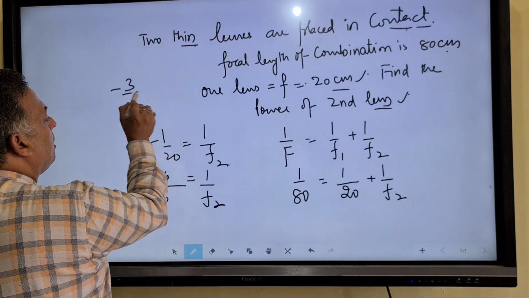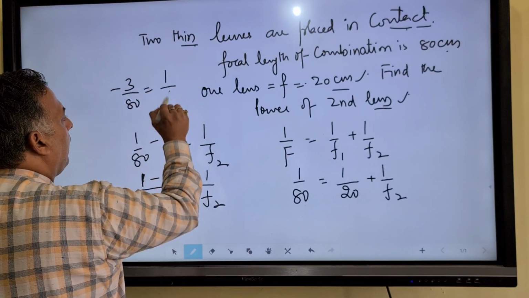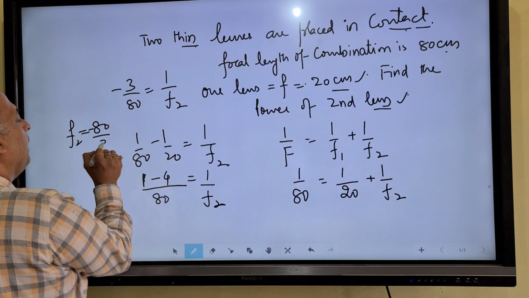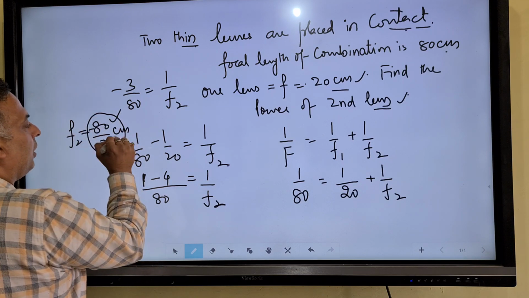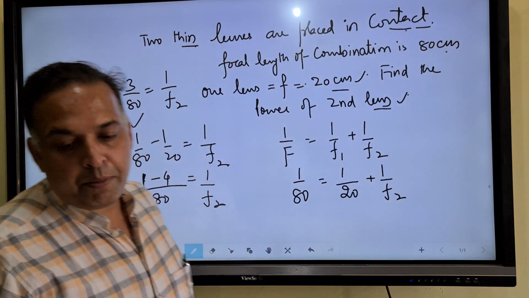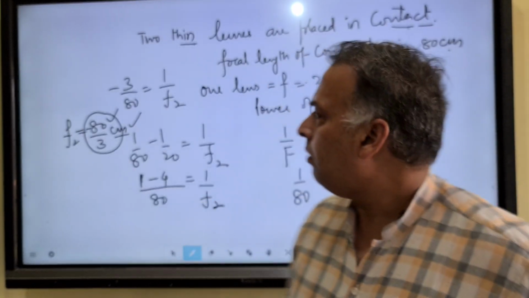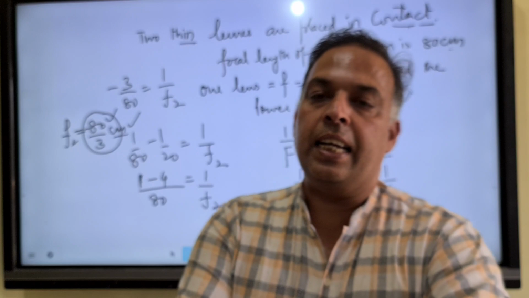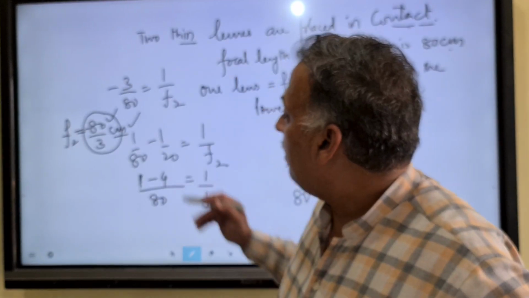So minus 3 by 80 is equal to 1 by f2. So f2 is minus 80 by 3 centimeter. So that is the focal length.